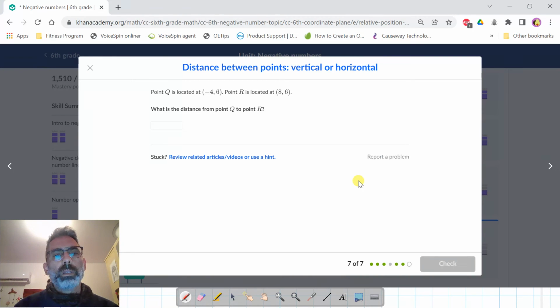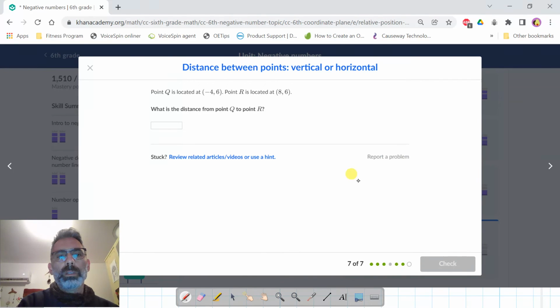Point Q is located at -4, 6, and point R is located at, okay, so let's try to solve it without the coordinate plane. We see that both points are on the same y.